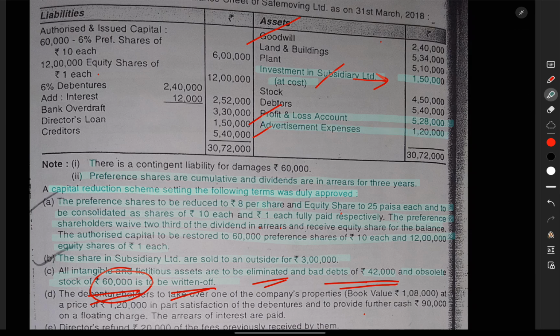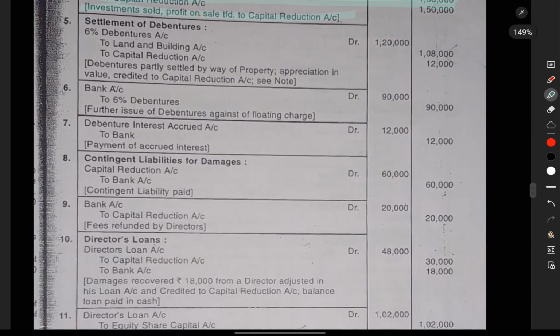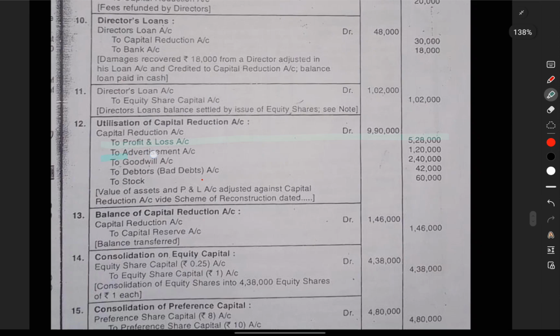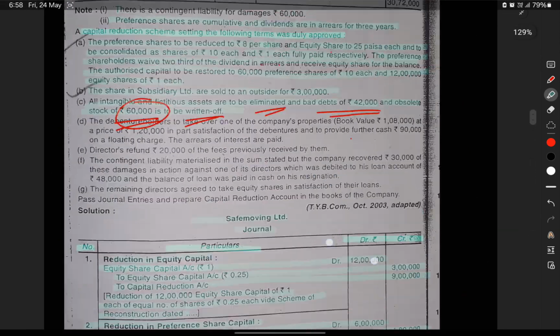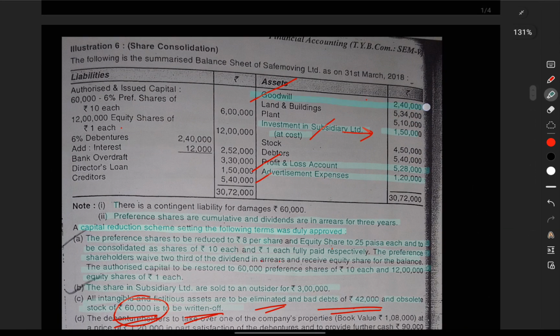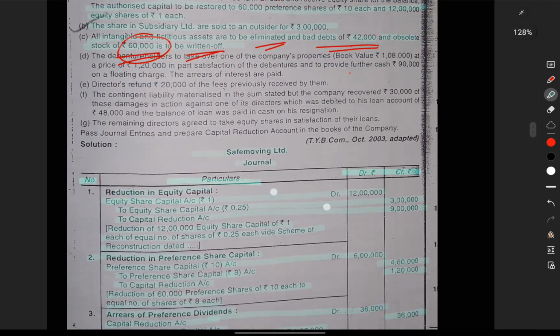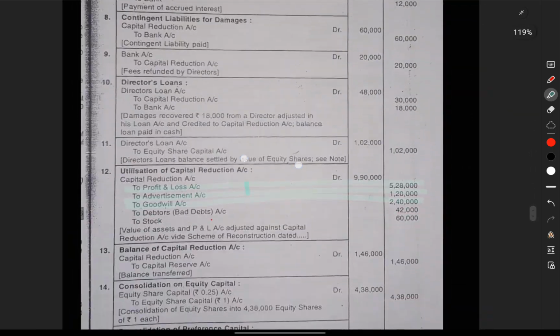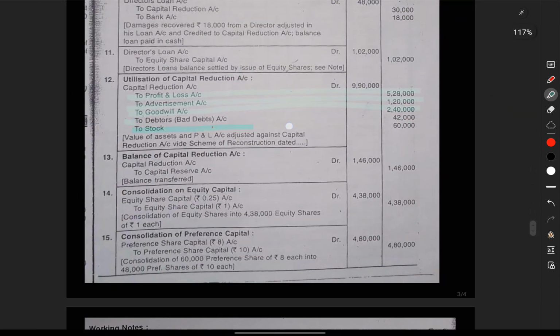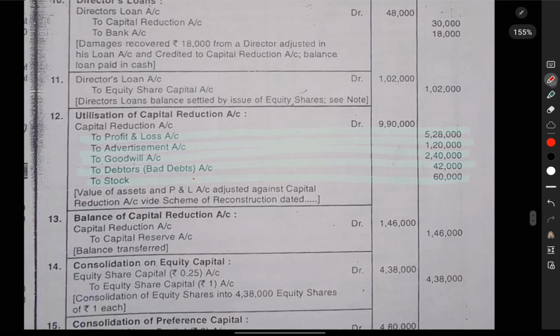Then advertisement expenses 1,20,000. Then goodwill is 2,40,000. Then stock 60,000 and debtors 42,000. And here is the sum of all these credited values, 9,90,000.